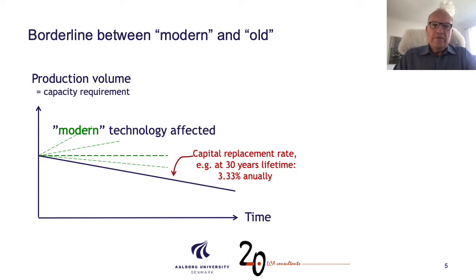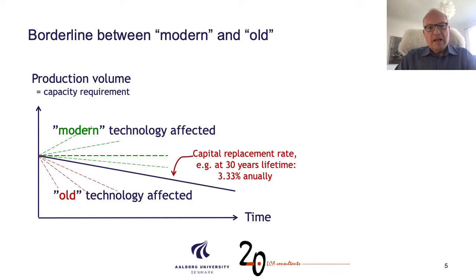So whenever your demand for the product, the production volume, is above minus 3.33% annually, you will still need to install additional new technology. Only when you are below this capital replacement rate, then you will affect the old technology, which is the one that will be taken out of the market.